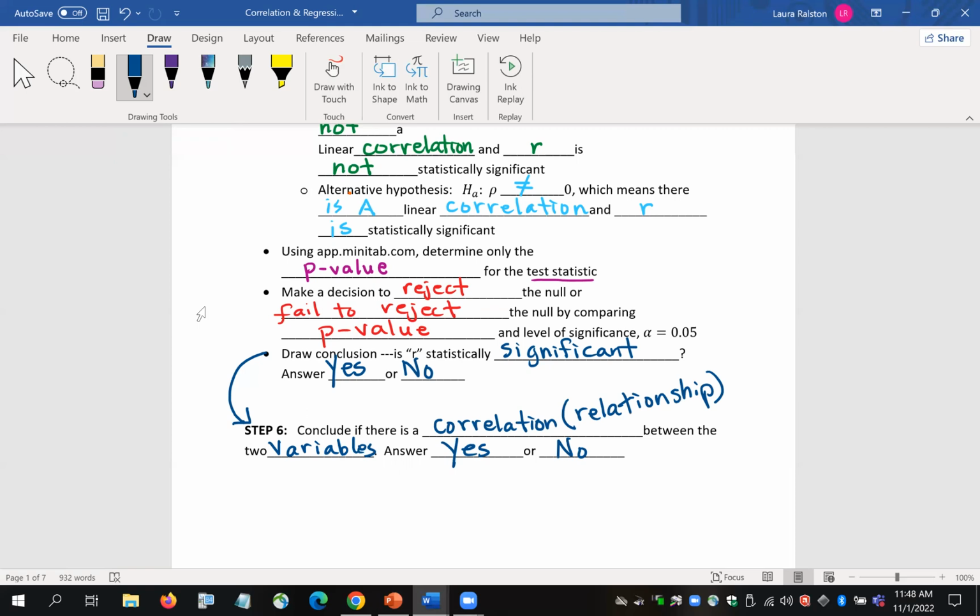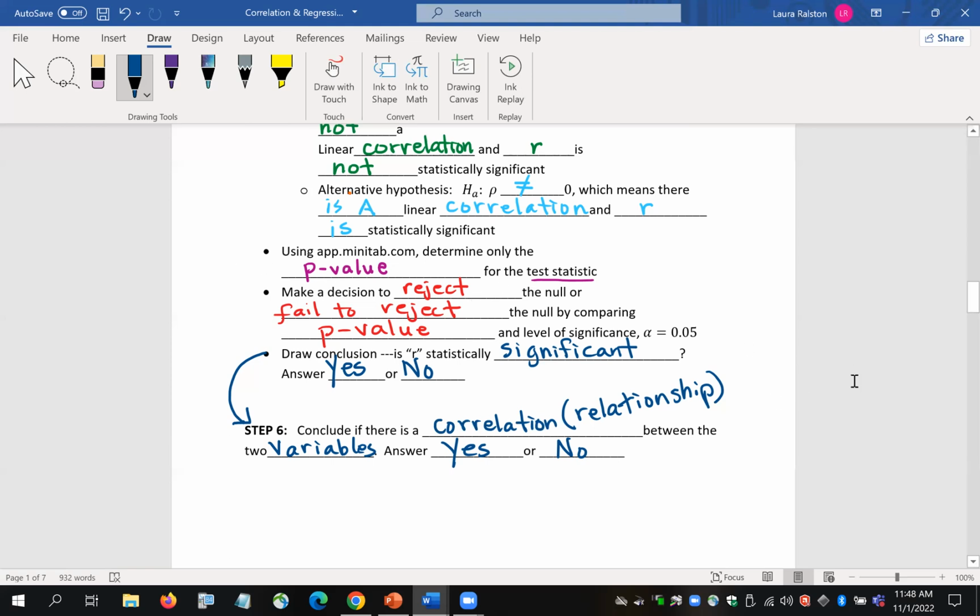Okay, so at that point, once we have reached step 6 in the correlation procedure, we have determined without a doubt whether or not there is a relationship or a correlation between the two variables.